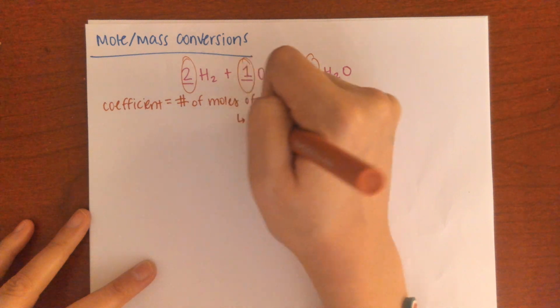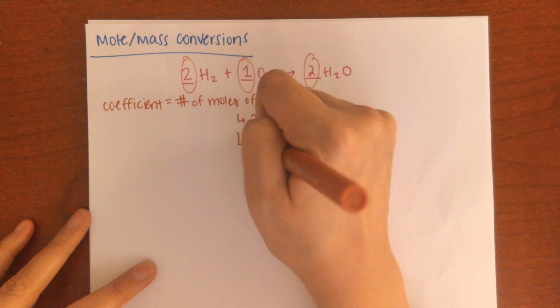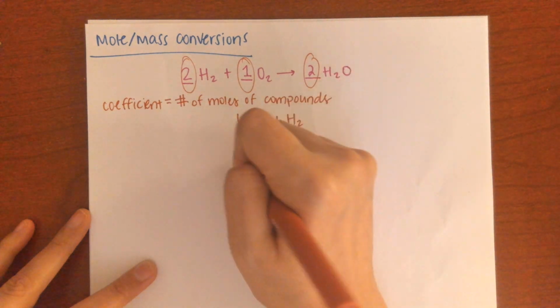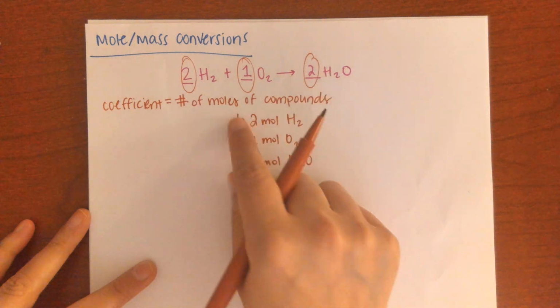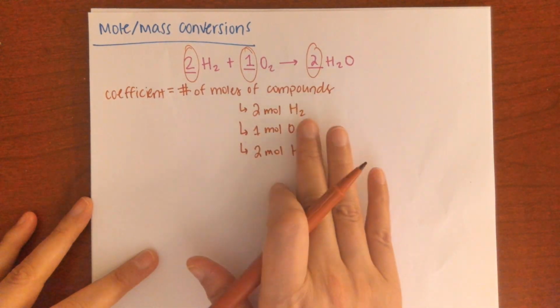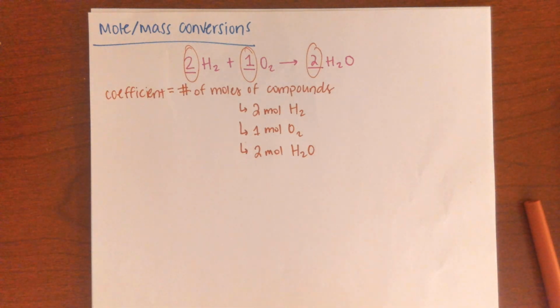That means I have 2 moles H2 for every 1 mole O2 for every 2 mole H2O. And it doesn't matter how complex or how simple the reaction is. So the coefficients, no matter what, tell you how many moles of each. Alright, so let's start off with the first example.